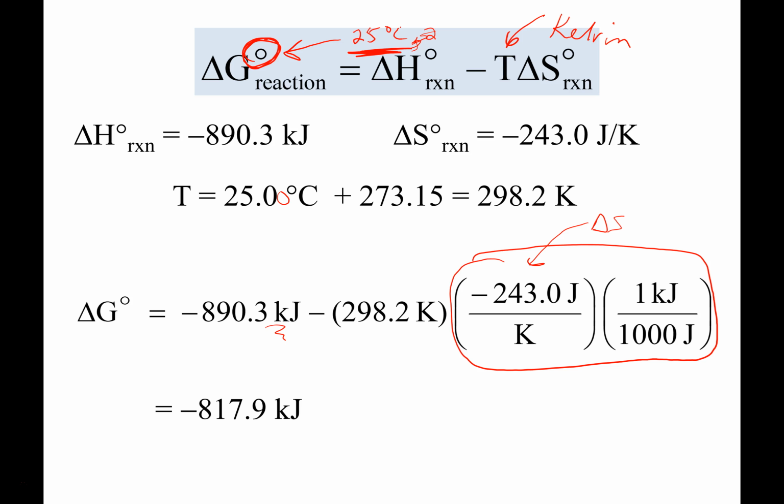So how many people think this is exothermic? Favored? Disfavored? How many people think it's spontaneous? How many think it's non-spontaneous? Yep, it's spontaneous, because it's negative. Less than 0 is spontaneous.